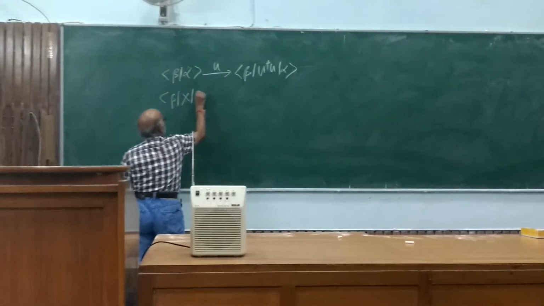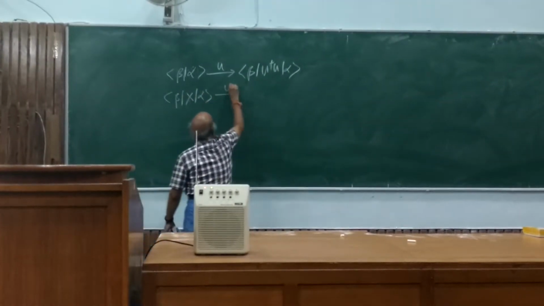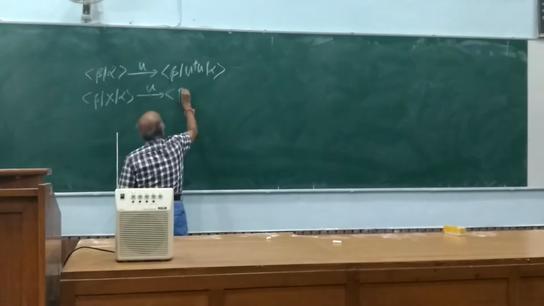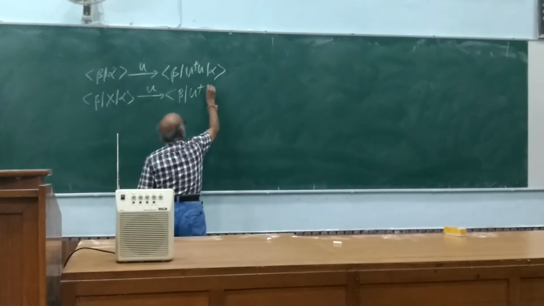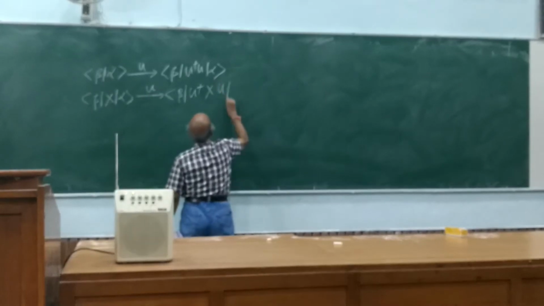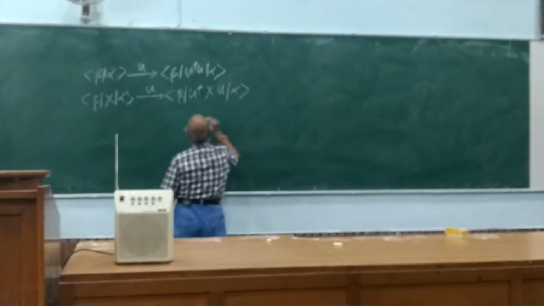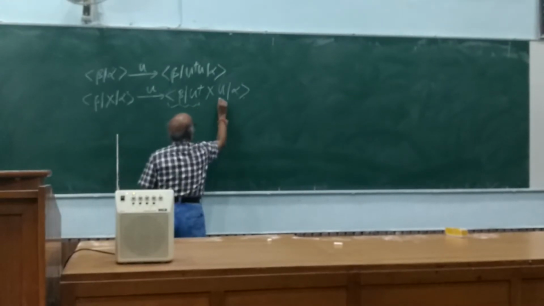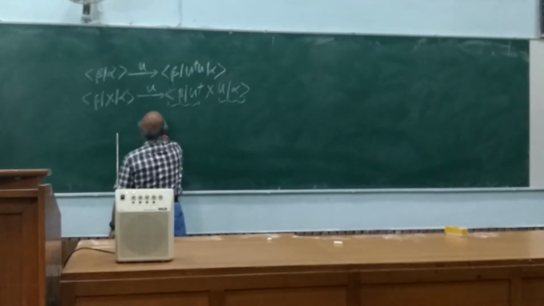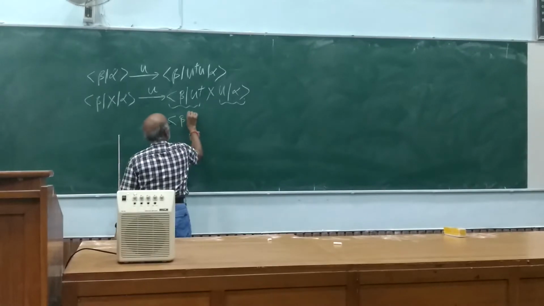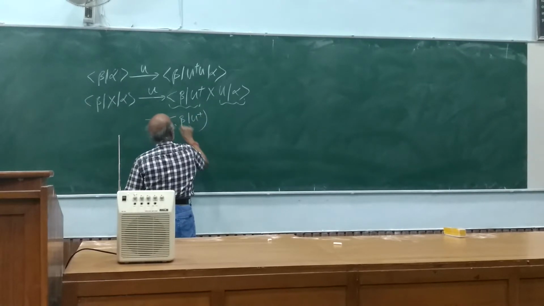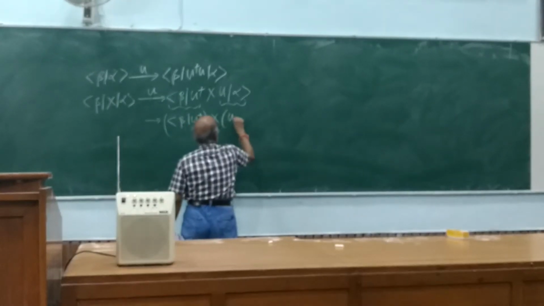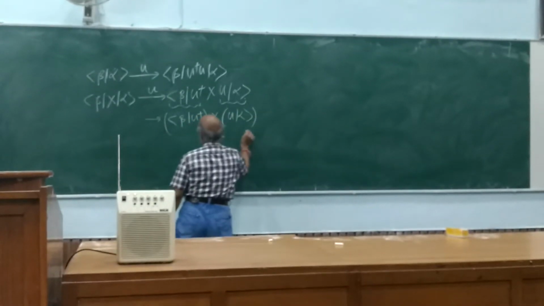Beta, alpha, under a unitary transformation goes to beta, together with X, U, alpha. This I would write as either or.